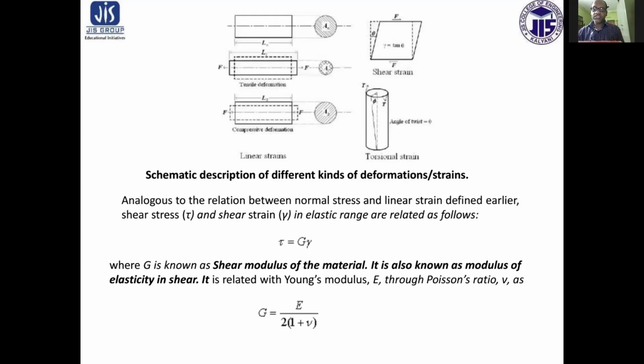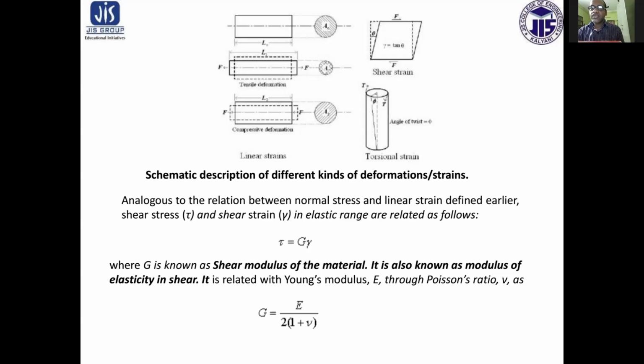Here is the schematic description of different kinds of deformation and strain. First, in the case of linear strain, two equal and opposite pull forces are applied and the strain is experienced, with an increase in length and a decrease in diameter.